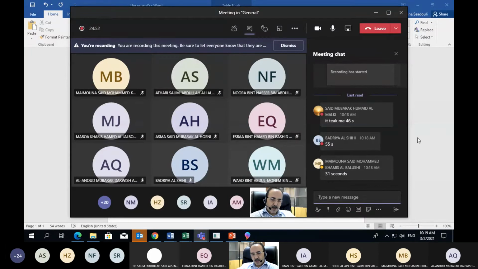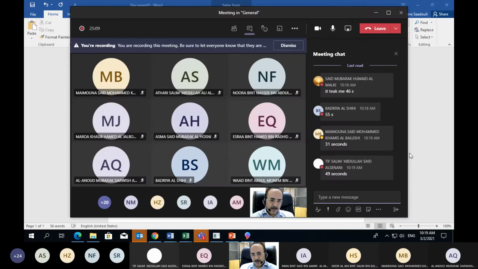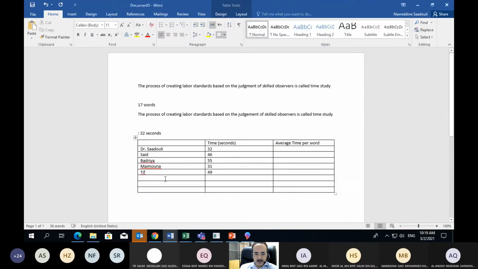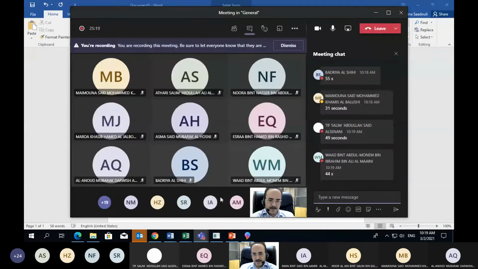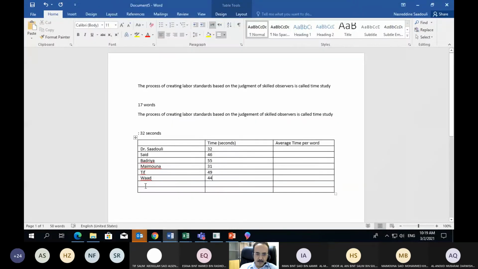Can I have a few more so that we can get a meaningful average out of this? Taif has 49. Wa'ad, 44. Asma, 52.